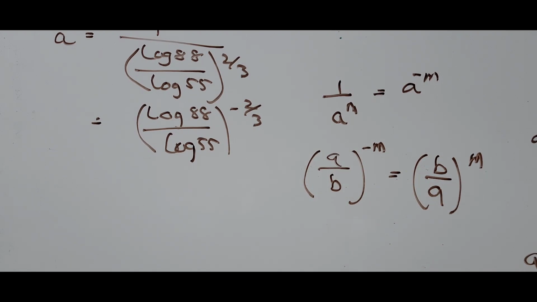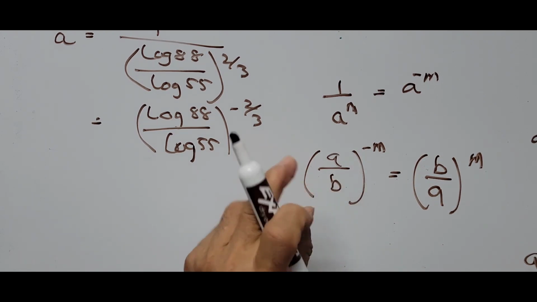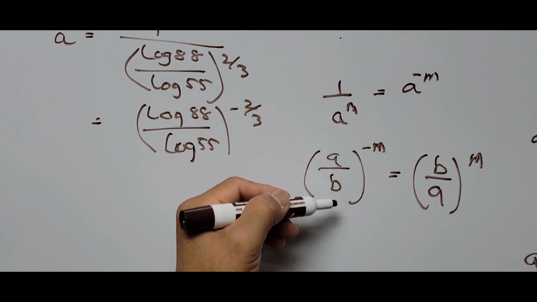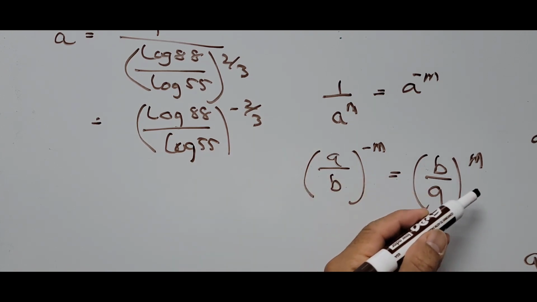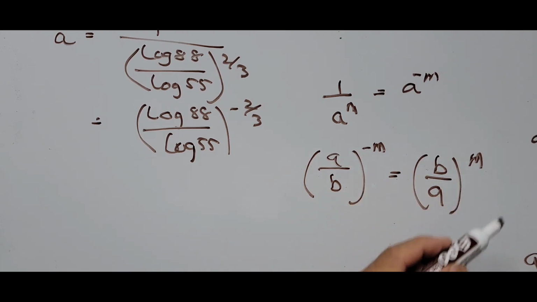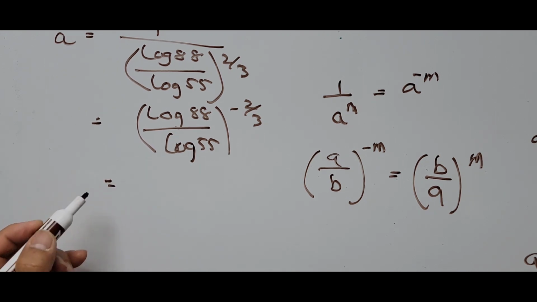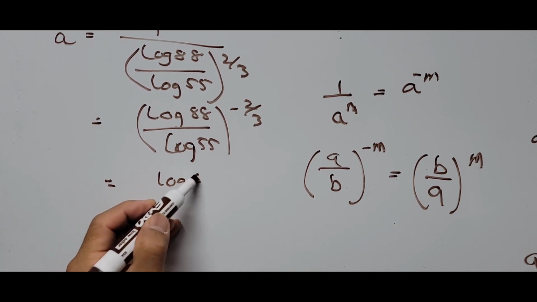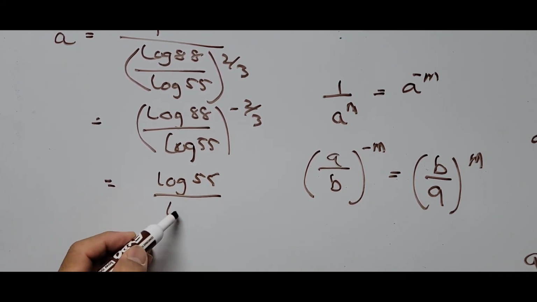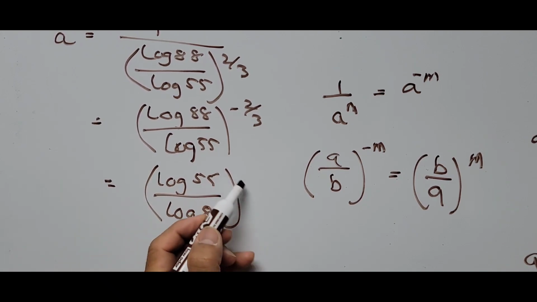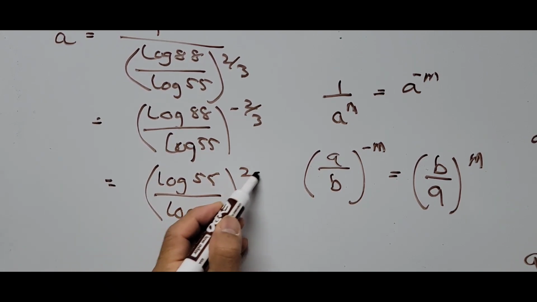So that means your exponent from negative, you flip the position of the numerator and the denominator, get the reciprocal, and then the exponent will become positive. So let's do that on this. So this becomes now log of 55 divided by log of 88 raised to the positive 2/3.